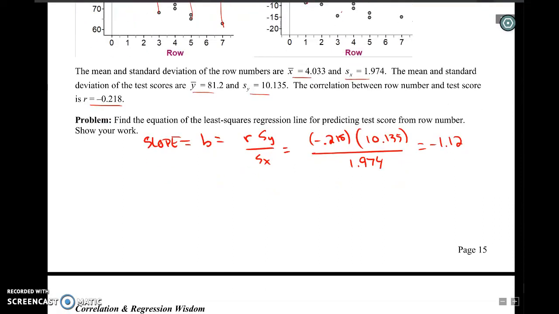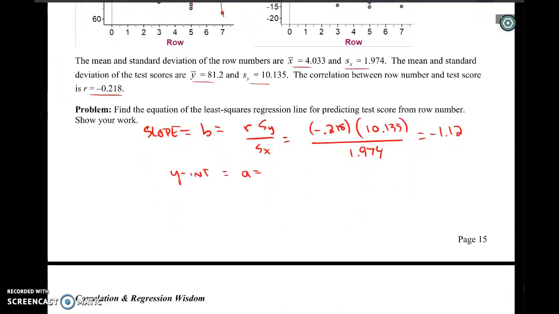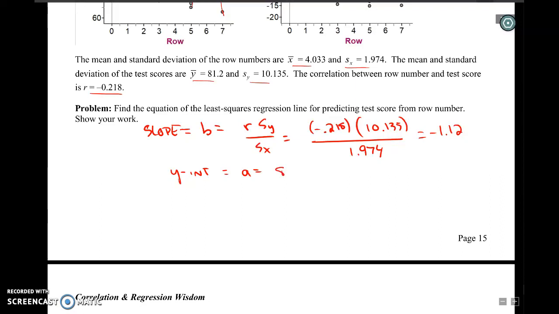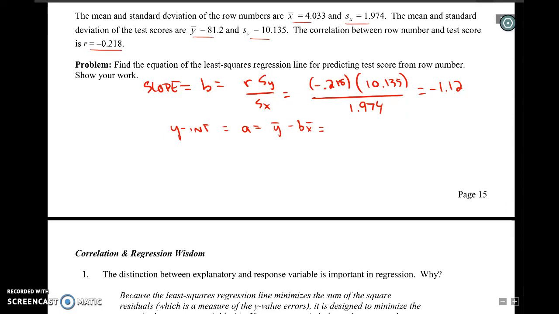And then to find my y-intercept, that is a equals, and I could just look at my formula sheet, y bar minus b x bar. y bar is 81.2, minus your b, negative 1.12, times x bar, 4.033.